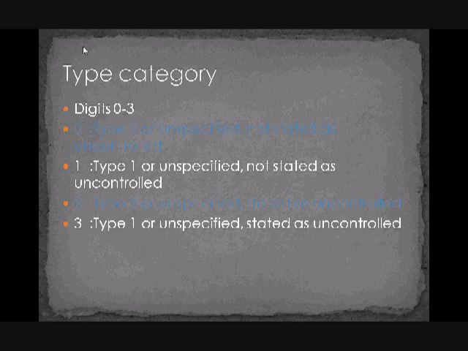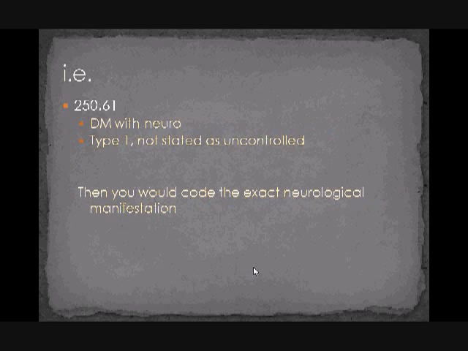As you can see, 0 and 2 are both for type 2. The difference here is that 2 says uncontrolled, whereas 0 says not stated as uncontrolled. Same thing goes for 1 and 3. 1 and 3 both are used for type 1 diabetics, juvenile diabetics. 1 does not state that it's uncontrolled, whereas 3 specifically states that it is uncontrolled. And that's how that works.